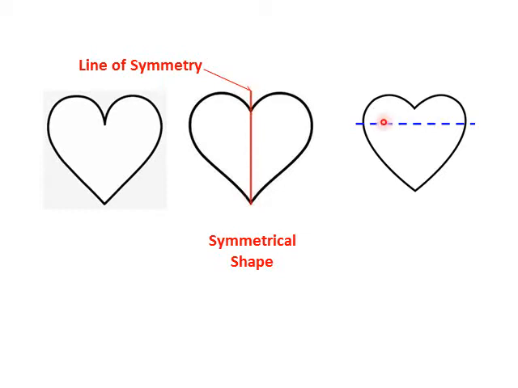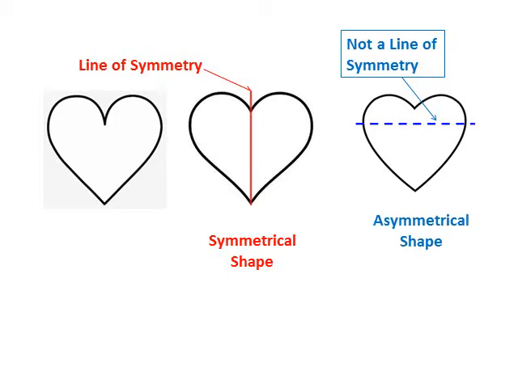Now, what if I draw my line of symmetry like this blue line? What happens here? Is this a line of symmetry? Can you see that the upper part is exactly like the lower part? Oh no, they are not exactly the same. So this line is not a line of symmetry. In this case, what do I call the shape? I call it an asymmetrical shape.